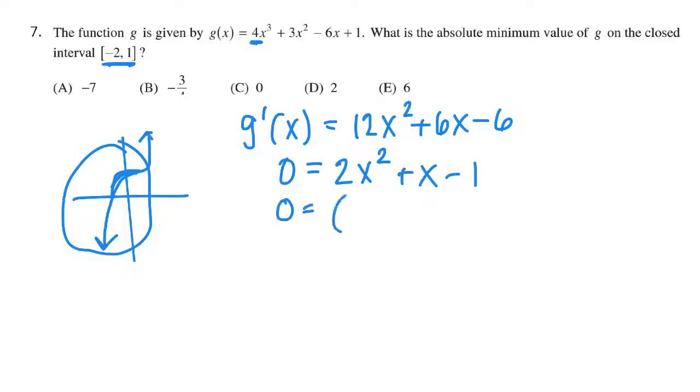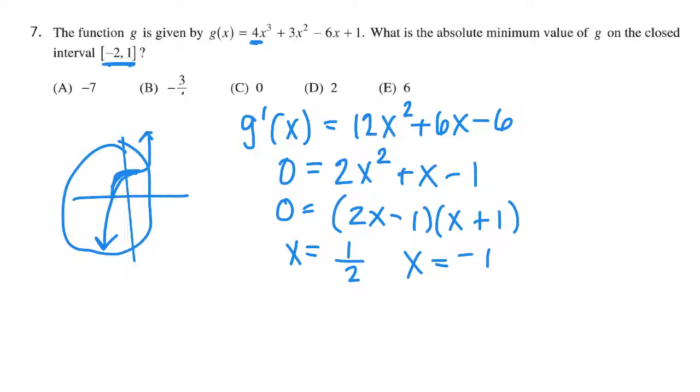And when we factor this, let's see, we'll have 2x and x, and we need a positive 2 when I multiply through, and a -1. So I have x equals a half, or x equals -1. Now let's look at our values that we need.